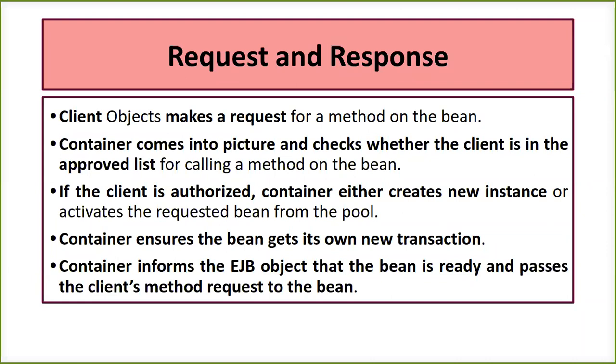That needs to be defined previously, only then will the container allow the client to communicate with the EJB container. Once it is authorized, the container is going to create a new instance, or a new identity, for the request which came from the client, so that the server will be able to understand which request needs what response.